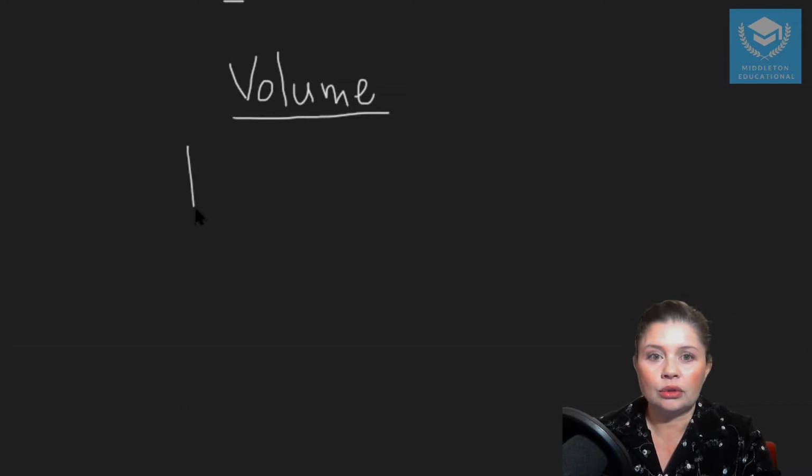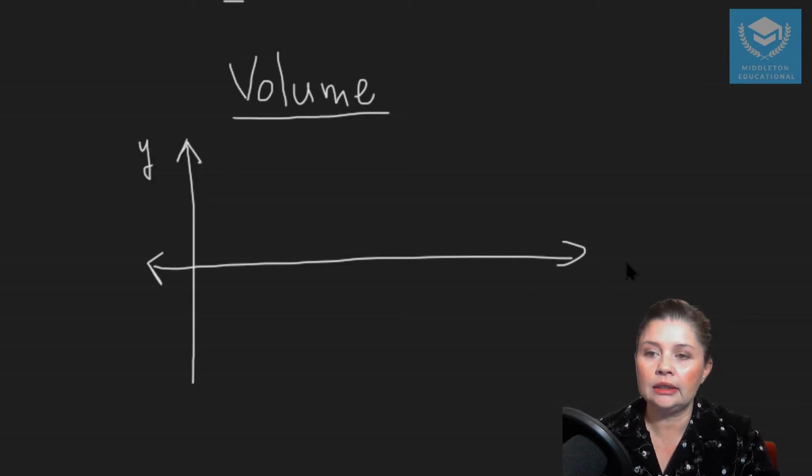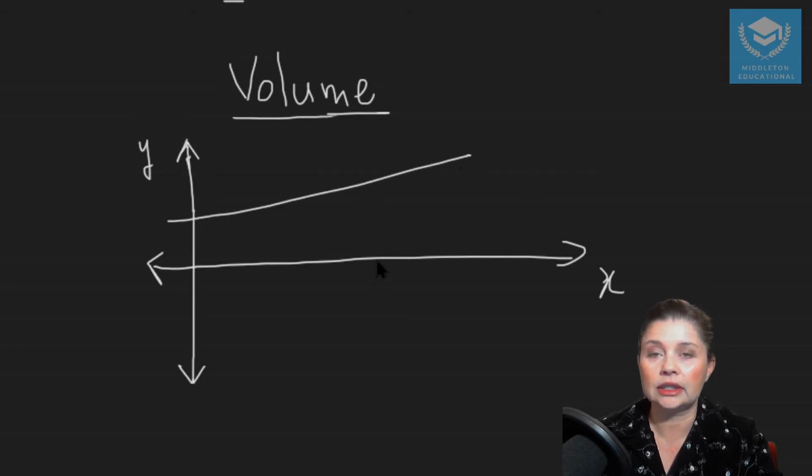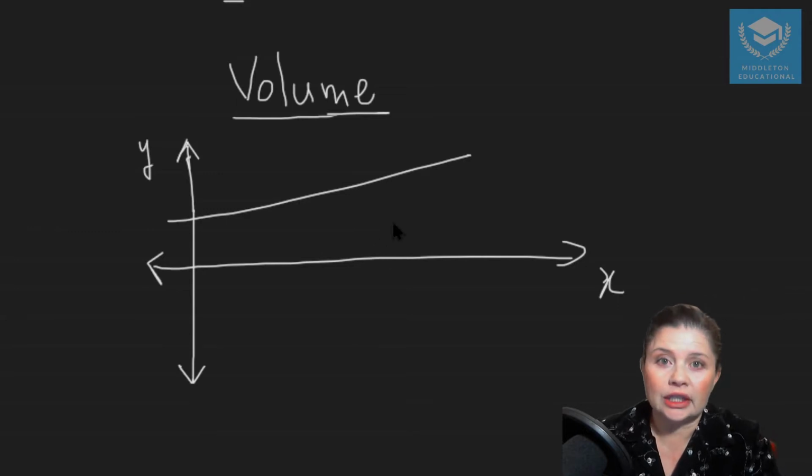So let's draw a graph like this, for example. Where that's y and that's x. Right? And I'm going to take, say, a straight line like that. That's supposed to be straight. So we know that integration is going to find the area underneath whatever this function is.